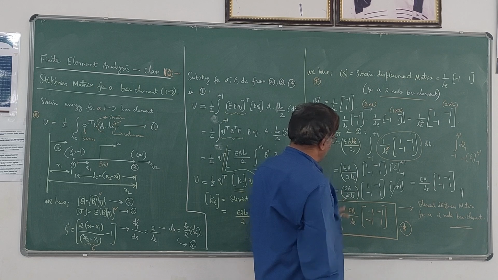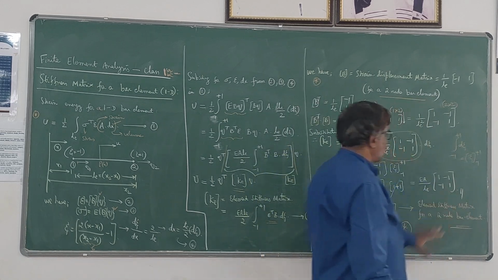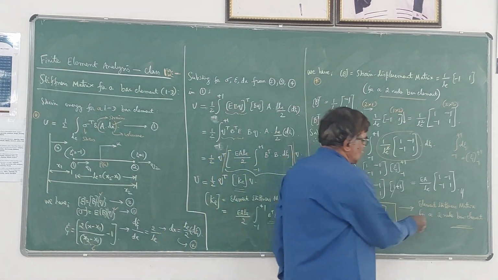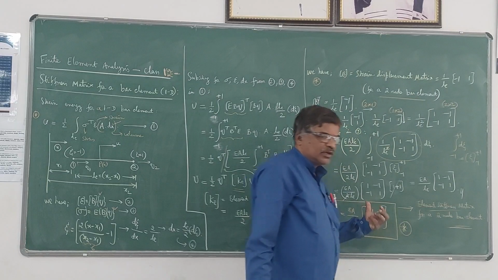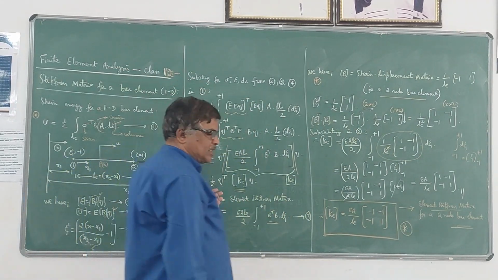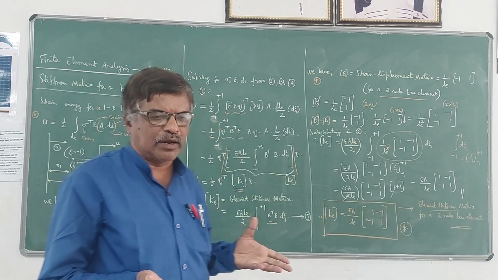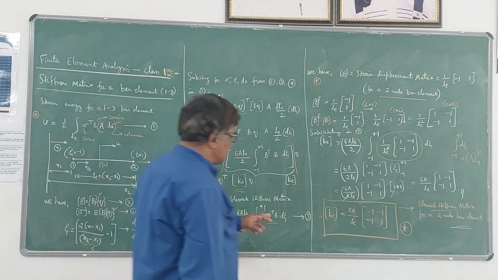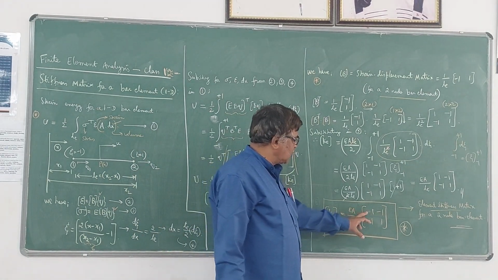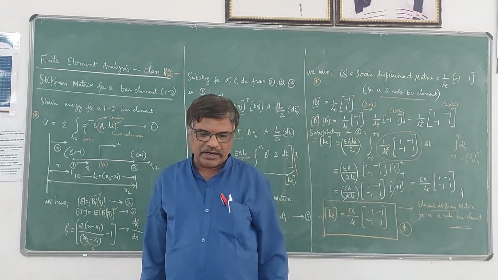So it will be left with finally EA by LE into [1 -1; -1 1]. So this is the element stiffness matrix for a two-node bar element. You have used this in the matrix analysis of structures also. For a truss element or a bar element, we have used the element stiffness matrix as EA by LE into [1 -1; -1 1] in the local coordinate system.